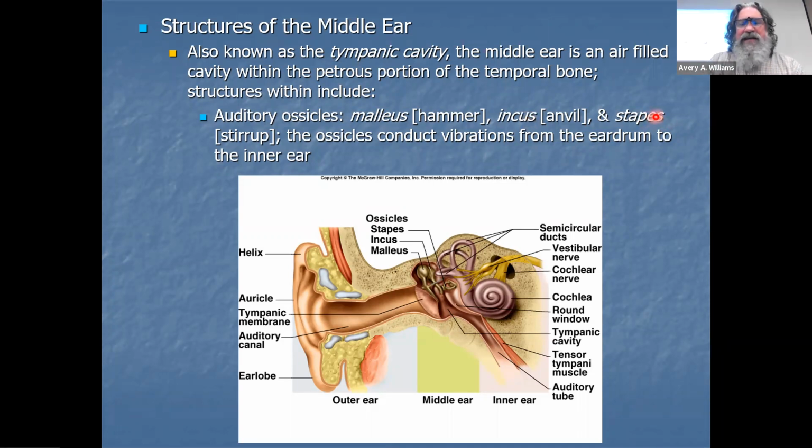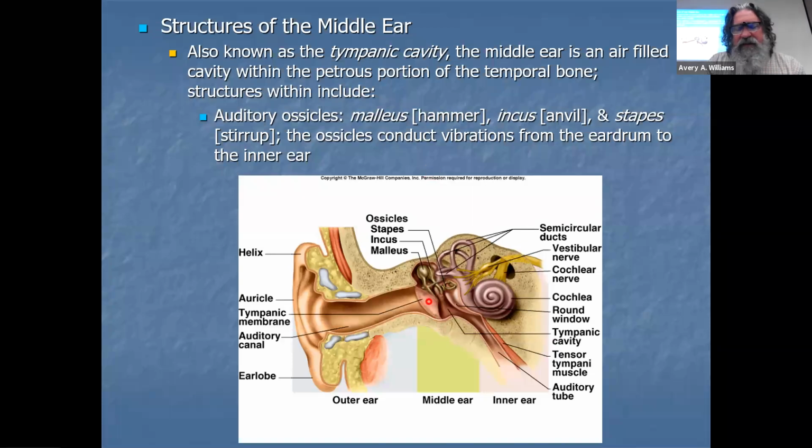And then stapes means stirrup. If you look closely, that thing right there looks like a little stirrup, the thing you put your feet in on a saddle. These little bones, the ossicles, conduct vibrations from the eardrum to the inner ear.